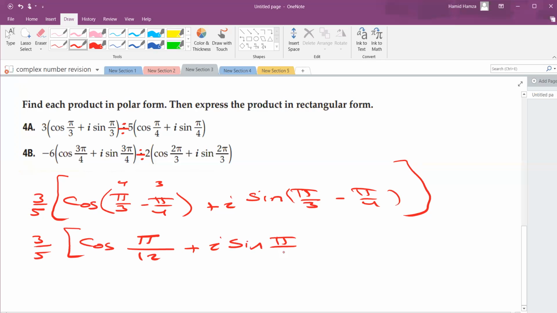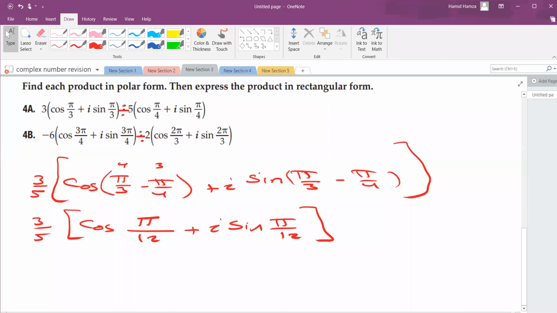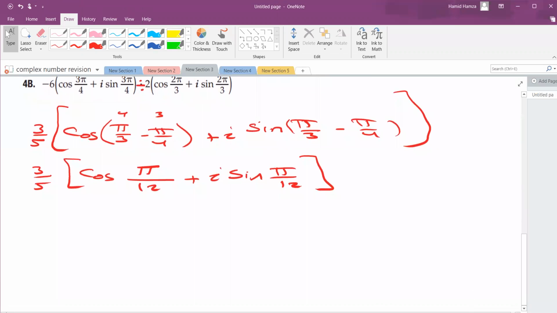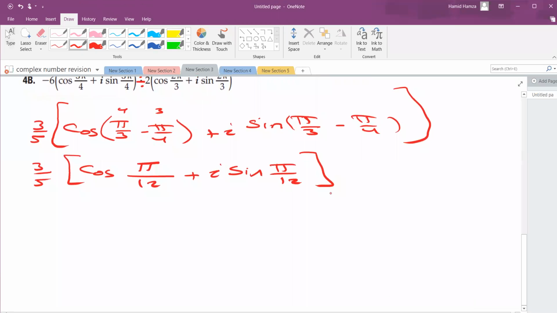Now we wanted to make it in rectangular form. You multiply 3 over 5 by cosine, the first one is 0.57.